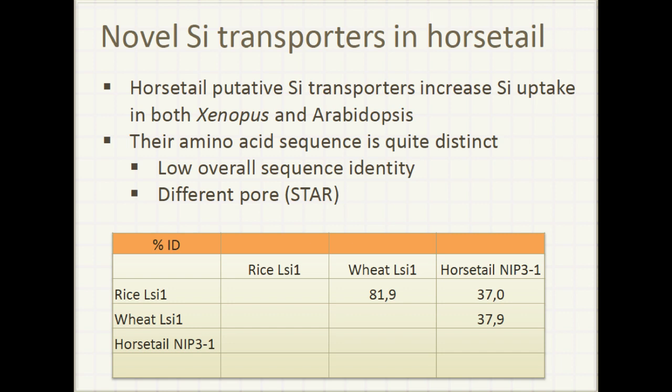So again, it's a protein that has a very similar structure in terms of how it forms transmembrane domains and how it can create a pore, a hole for the silicic acid to penetrate. But evolutionarily, it's very, very far removed or different from the rice and wheat. And again, this probably reflects the fact that this is a very distant relative of monocots in this case.